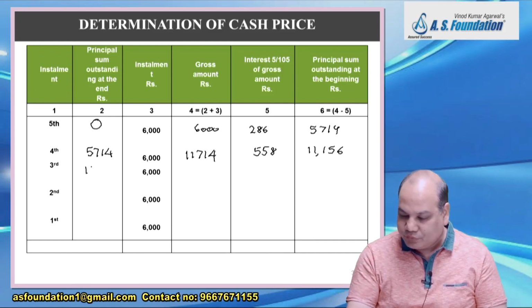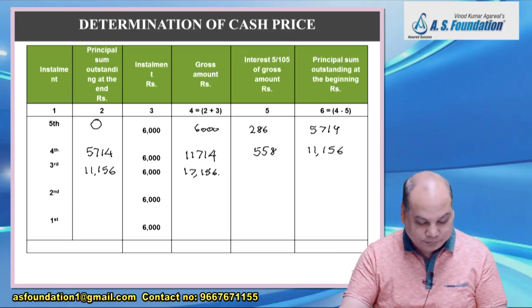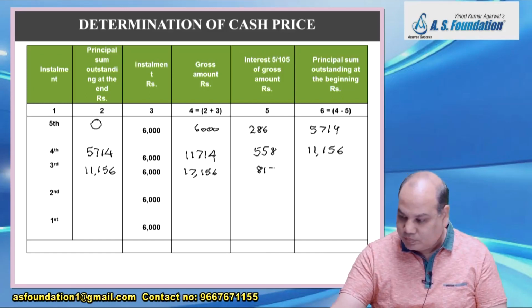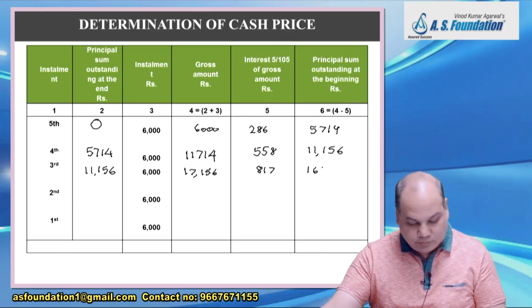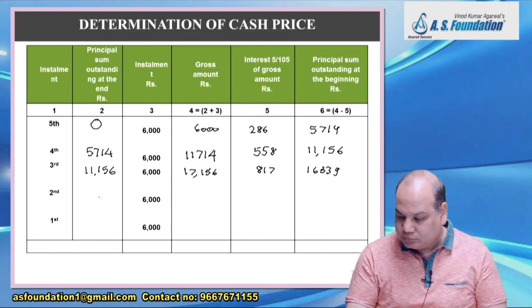Very good. 11156 plus 6,000 is 17156, into 5 by 105. Balance 16339. You can always cross check by reverse working; it will be 5% of this number.